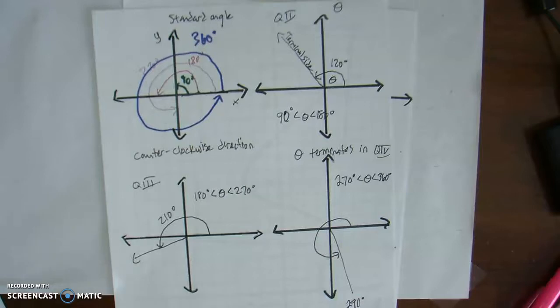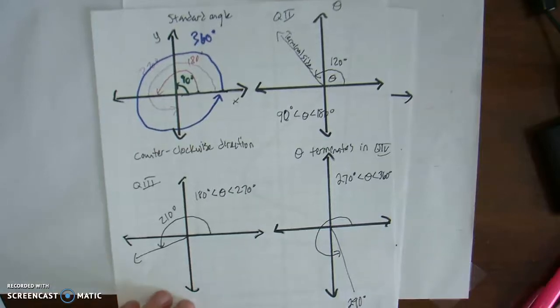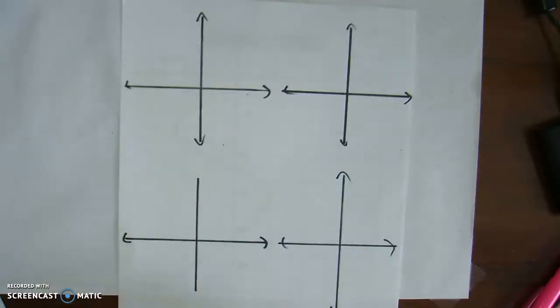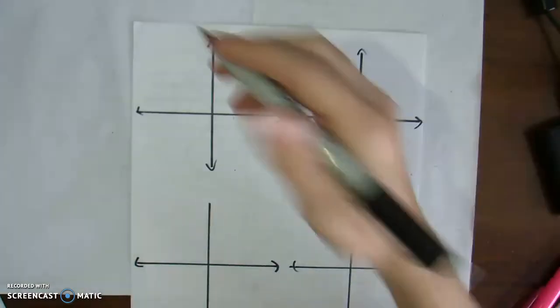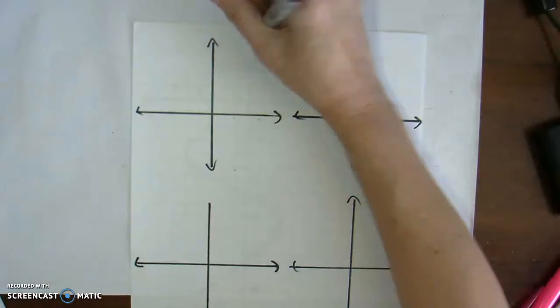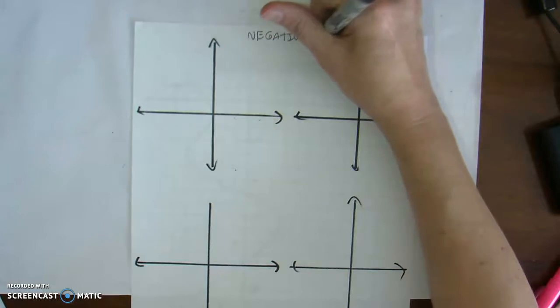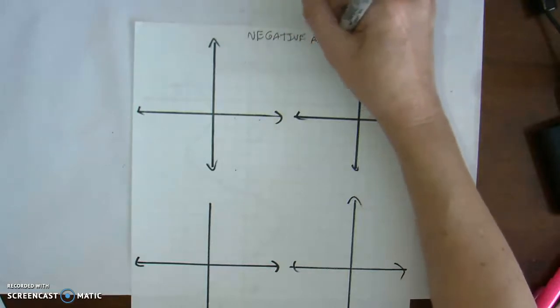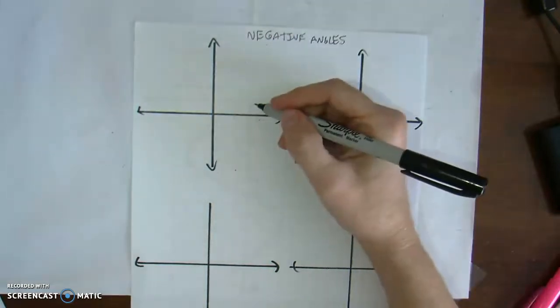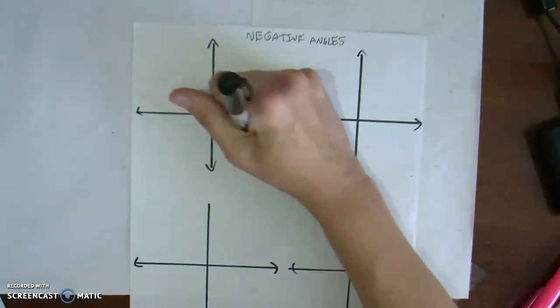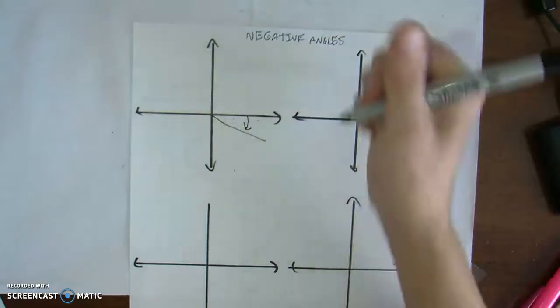And as I said in the beginning, you could also have negative angles. So let's go back to a clean piece of paper. Now what we want to think about is negative angles. These ones also start on the positive side of the x-axis, but they're going to rotate in the clockwise direction.